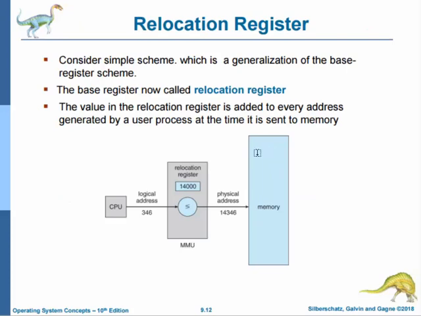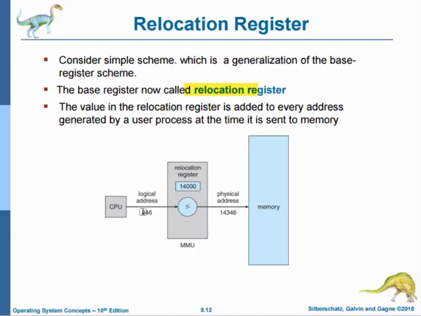Now, the base register is now called a relocation register, wherein the value in the relocation register is added to every address generated by a user process at the time the address is sent to memory. For example, if the base is at 14,000, then an attempt by the user to address location 0 is dynamically relocated to location 14,000.